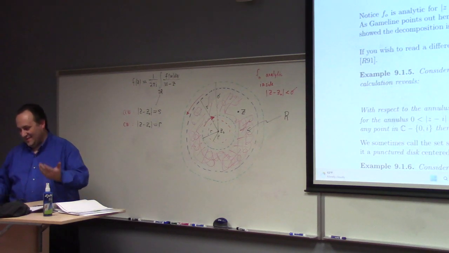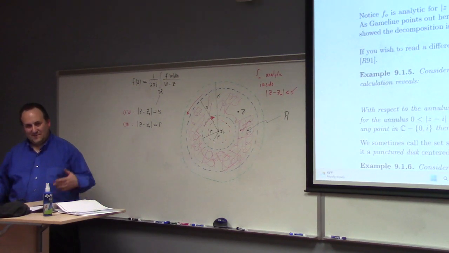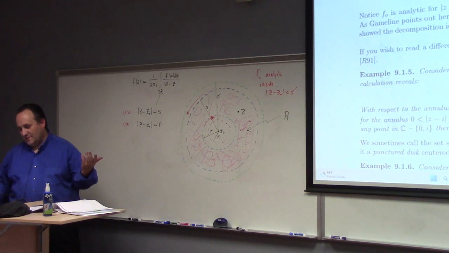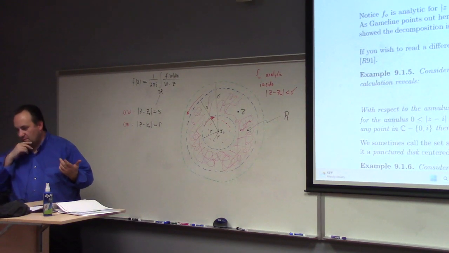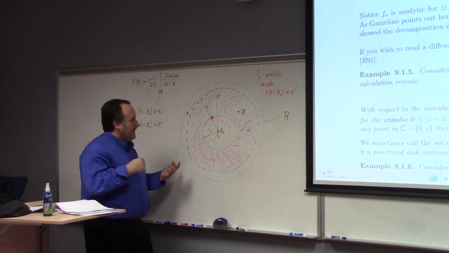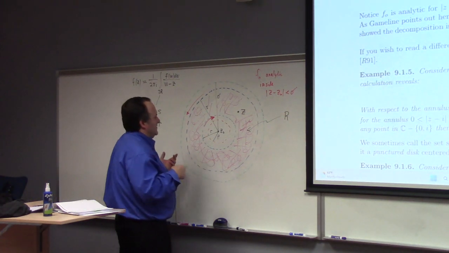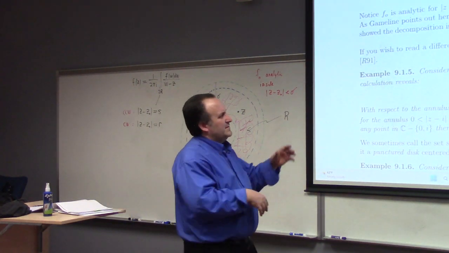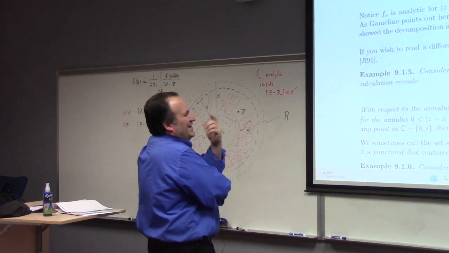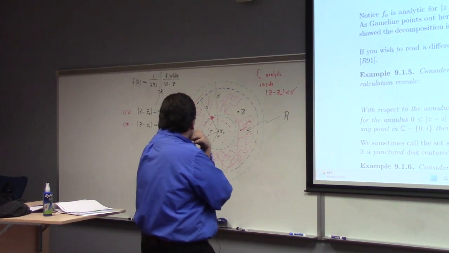My notes just say F0 is analytic for z within s units of z naught, and F1 is analytic for z greater than r. Oh, too much going on in the stupid picture. I always get hung up on this stupid point.